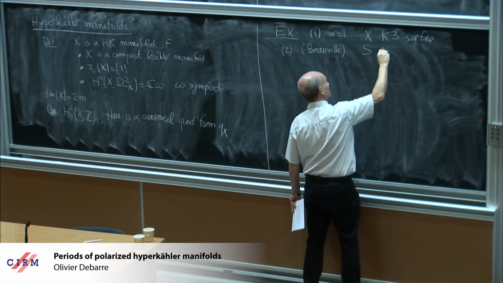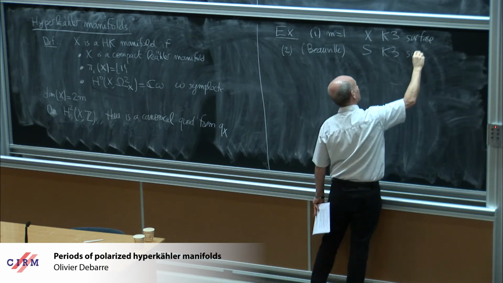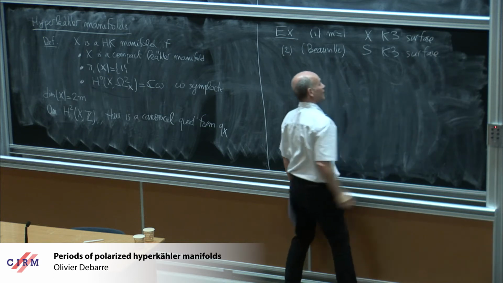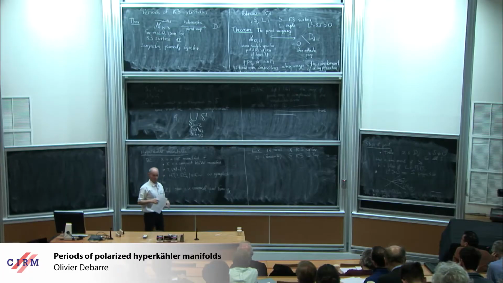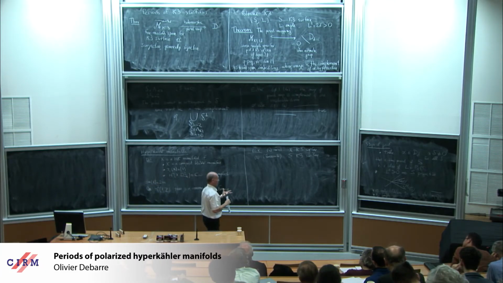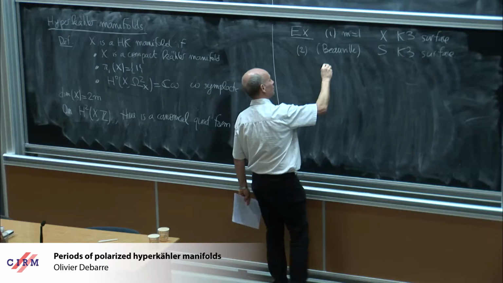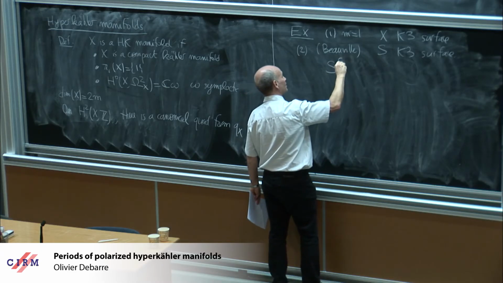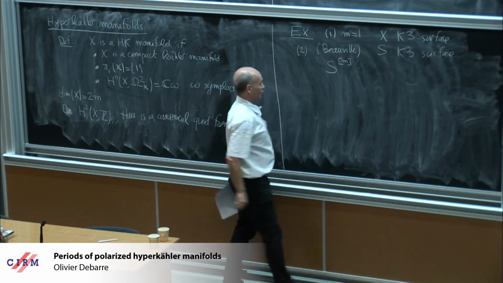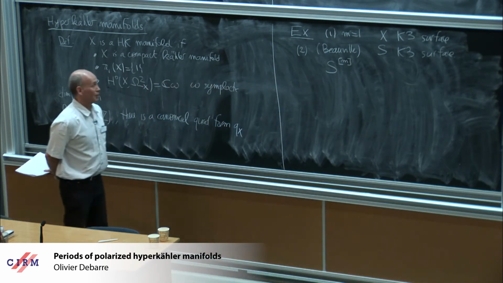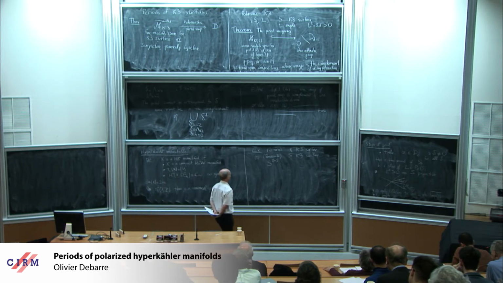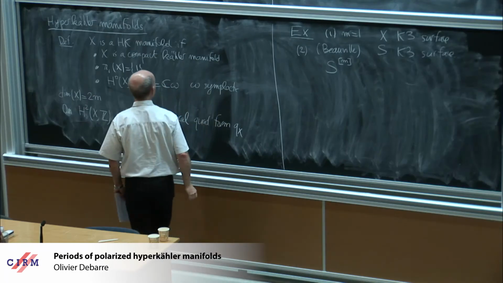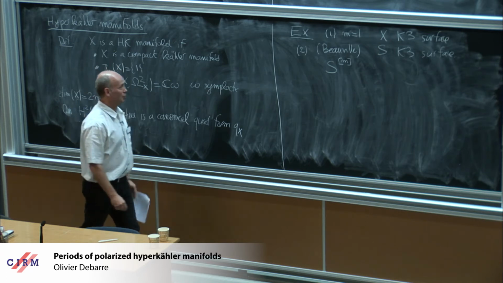So you start from S, a K3 surface, and you look at, let's say, the space of subschemes of S of finite and fixed length. So this is usually called S^[m]. So subschemes of S, or analytic subspaces of S, of length m. So one checks that this is actually a Hyperkähler manifold of dimension 2m.